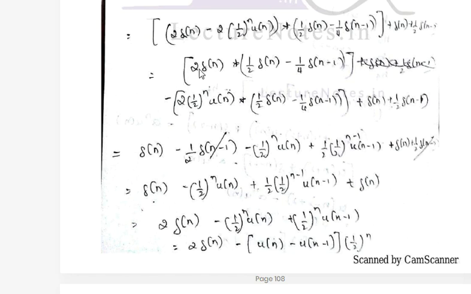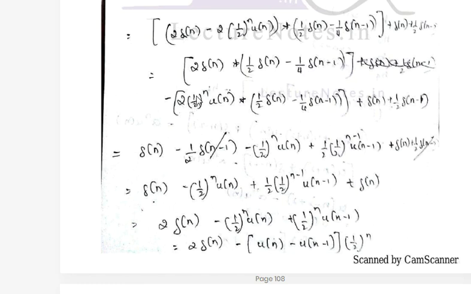2 del of n convolution with half del of n is nothing but, this 2 cancels, del of n itself, and 2 del of n convolution with 1 by 4 del of n minus 1 is 1 by 2 del of n minus 1.